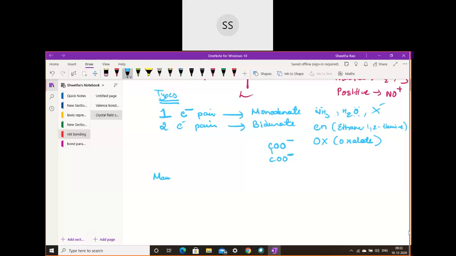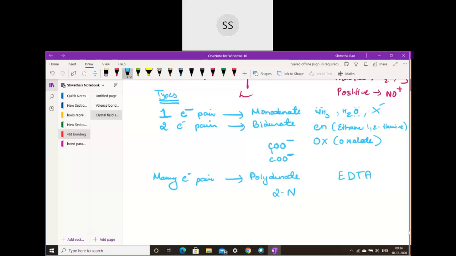And then we have ox, that is the oxalate ion. It's not oxalic acid, it's the oxalate ion. We write it like this, COO minus and then COO minus. So these are the charges which they can donate. In ethane-1,2-diamine, you have nitrogen which has a lone pair of electrons available for donation.